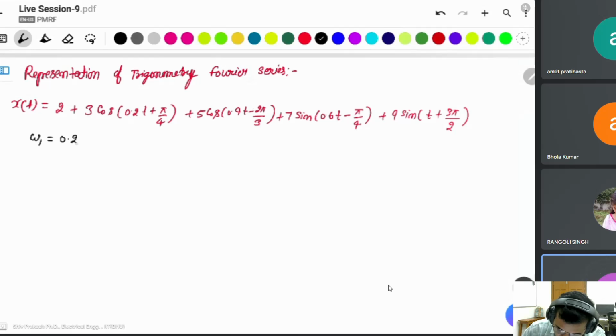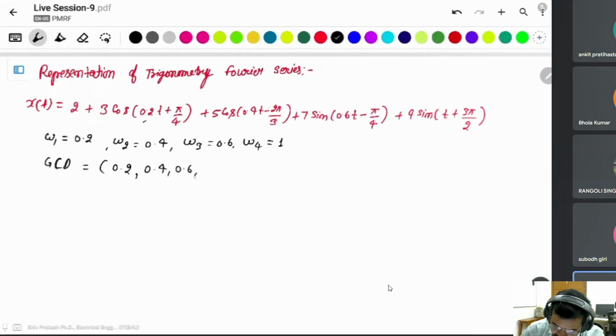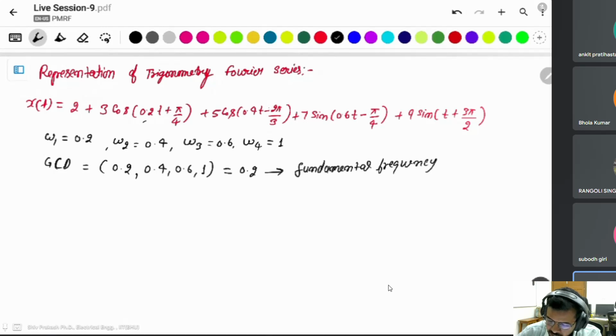Omega 1 is 0.2, omega 2 is 0.4, omega 3 is 0.6, omega 4 is 1. The GCD of all these frequencies is 0.2, and this is the fundamental frequency of the signal. Omega naught is equal to 0.2.